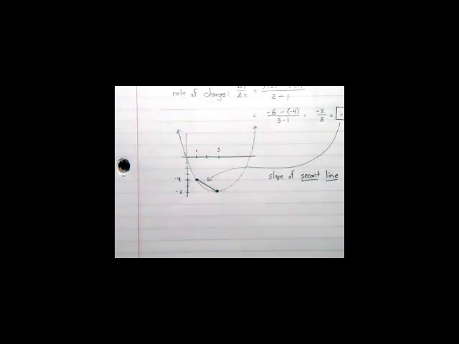Okay? So we're going to repeat this process, but we're going to figure out what is the slope of the tangent line, or what is the instantaneous rate of change at, let's say, exactly 3. Okay? So same function, kind of a different goal this time, though.